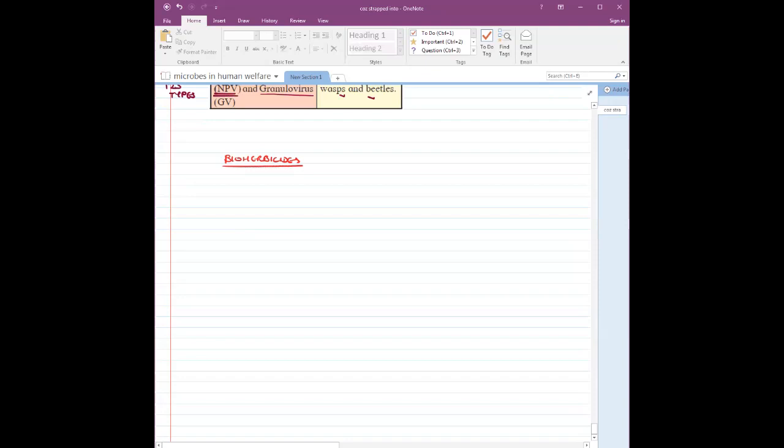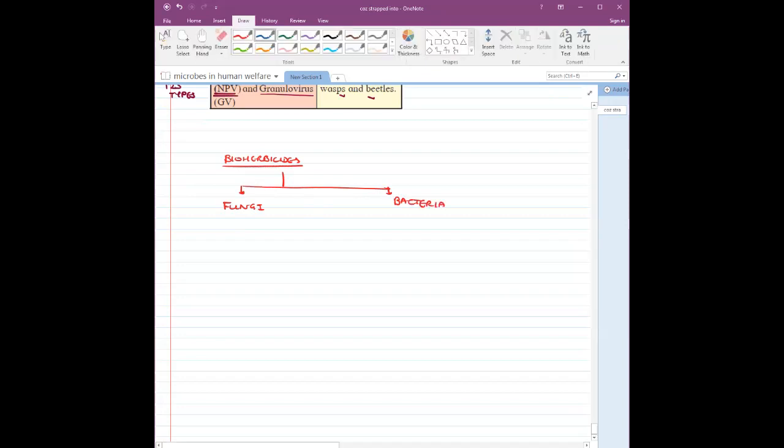Now guys, these bioherbicides or bioweedicides are going to be of two types. Either you can use fungi as your bioherbicide, or you can use bacteria. When we talk about fungi, they are going to be of three types, and bacteria are also going to be of three types.